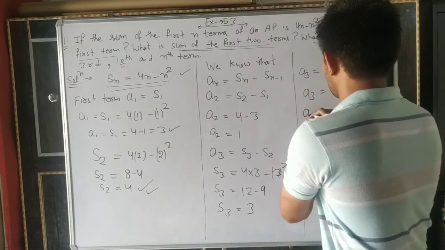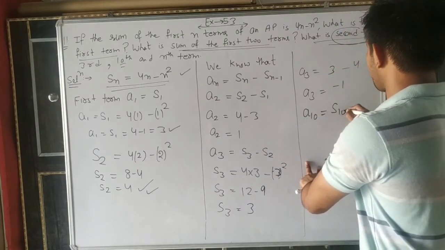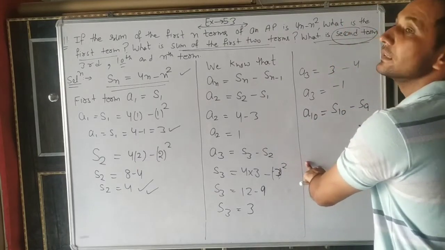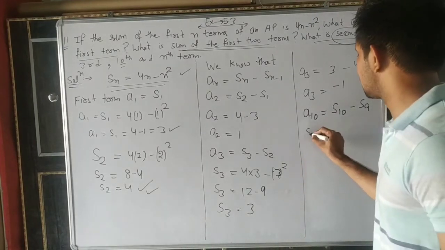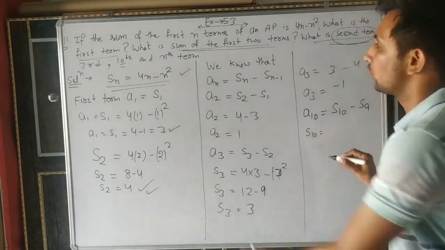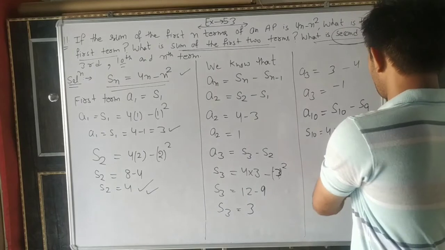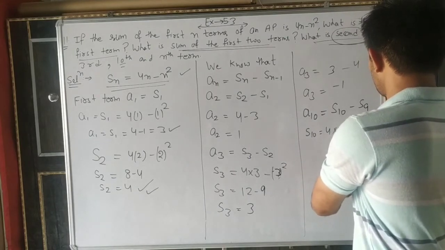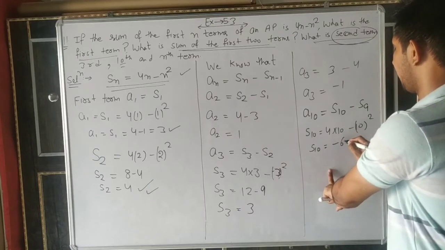The 10th term: A10 is S10 minus S9. Understand, dear? Same as before, we will first find S10. Put here 4 into 10 minus 10 square. So S10 equals 40 minus 100. It is minus 60.